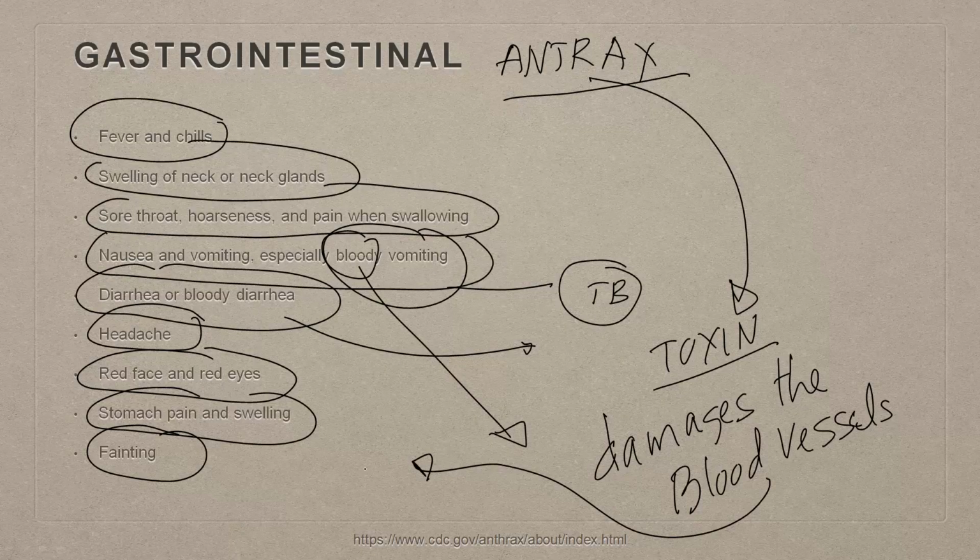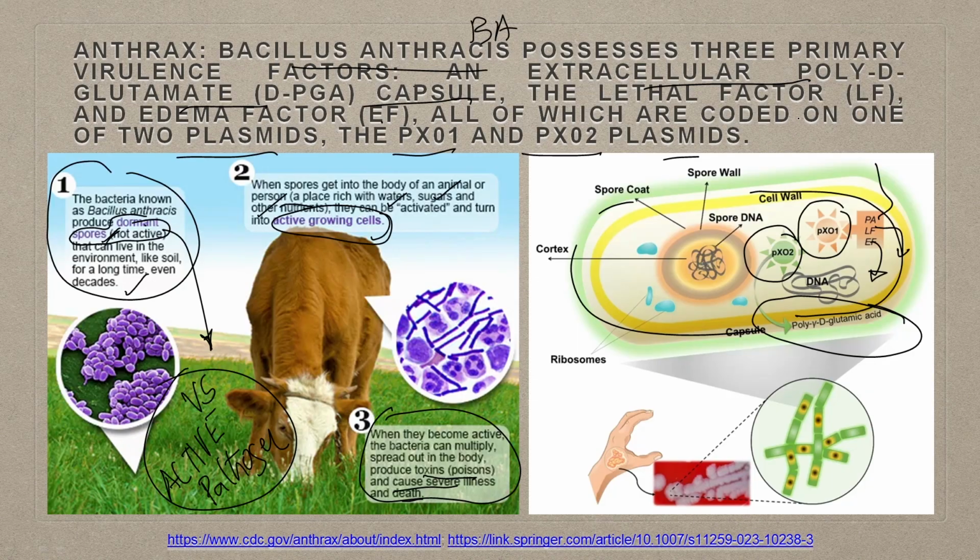So you realize the toxins which are generated. And another thing, if you remember, while I was showing you the structure, and I can go back for you guys to look at it, there are a couple of very interesting things which we saw. It has an extracellular poly-D-glutamate (PDGA) capsule, the lethal factor LF, the edema factor EF, all of which are coded in one of the two plasmids.